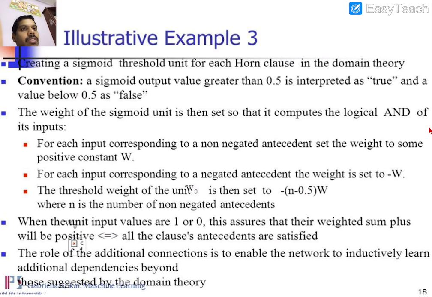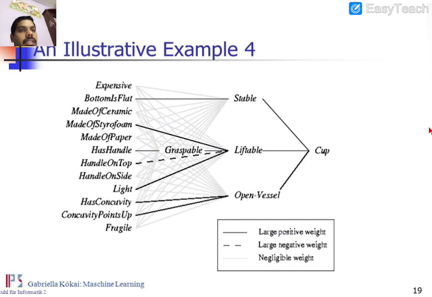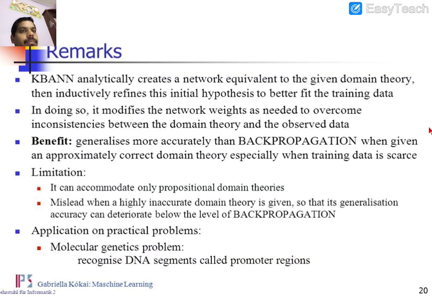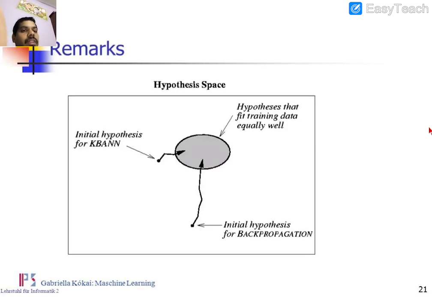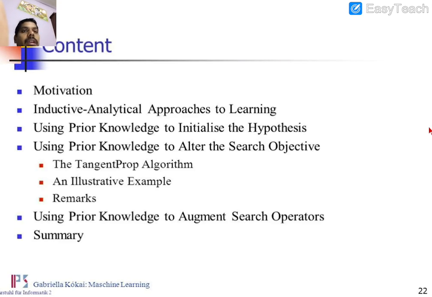And finally, we are able to define a sigmoid function which is going to support the target functionality. And we observed some limitations. It can accommodate only propositional, limited domain theories and limited concepts. Those are the limitations of the KBNN. And finally, we are able to initialize the hypothesis with the KBNN algorithm.